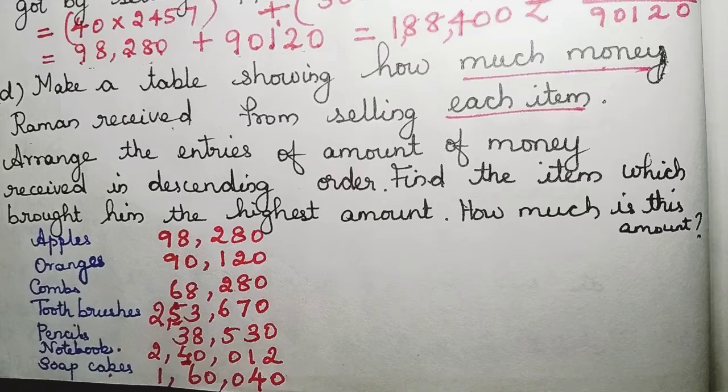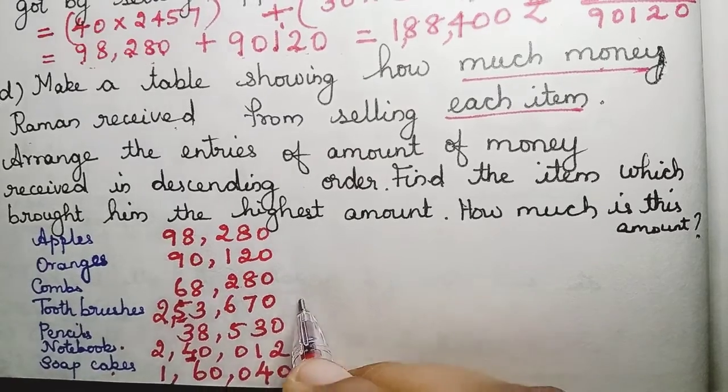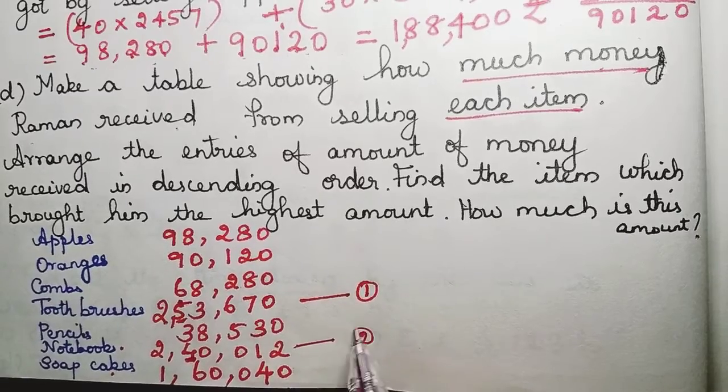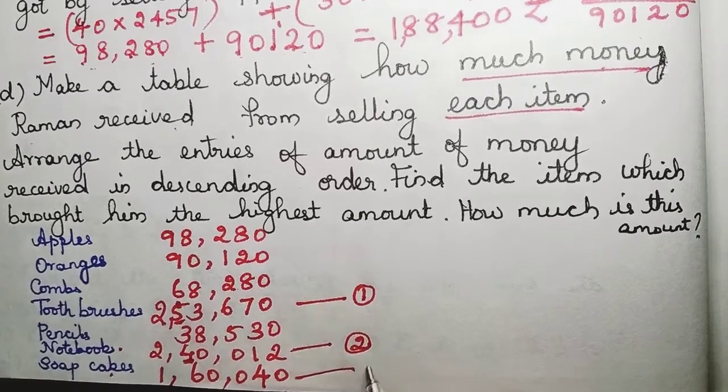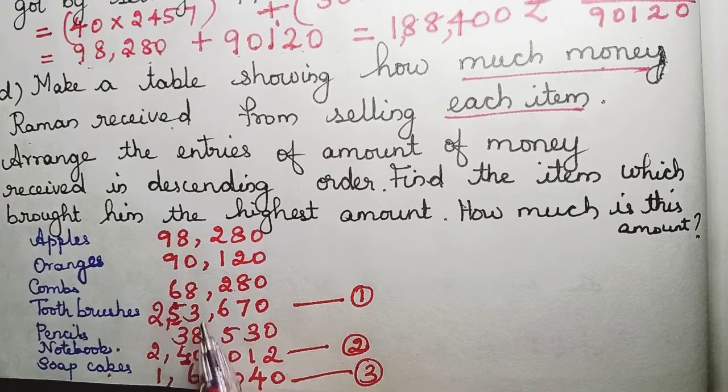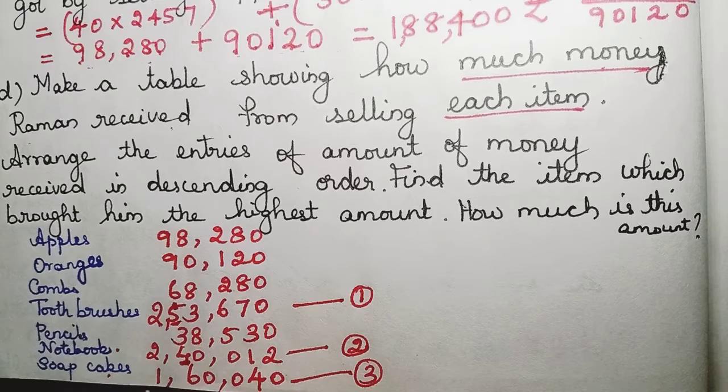Which one is the highest? 5. So this is your first term and this is your second term. Then this will be your third term. In descending order, you have to write this number first, then the notebook number, then 1,60,040 as the third number.